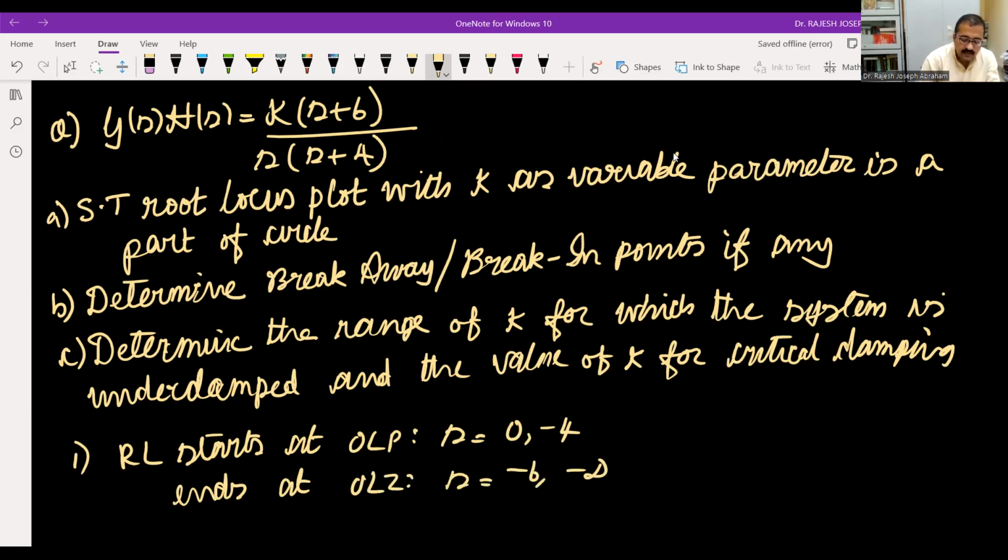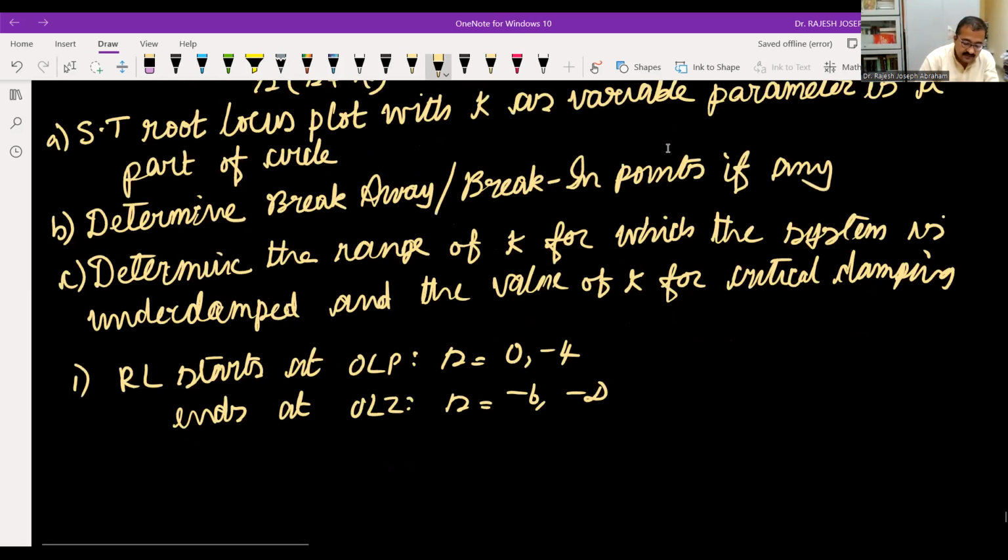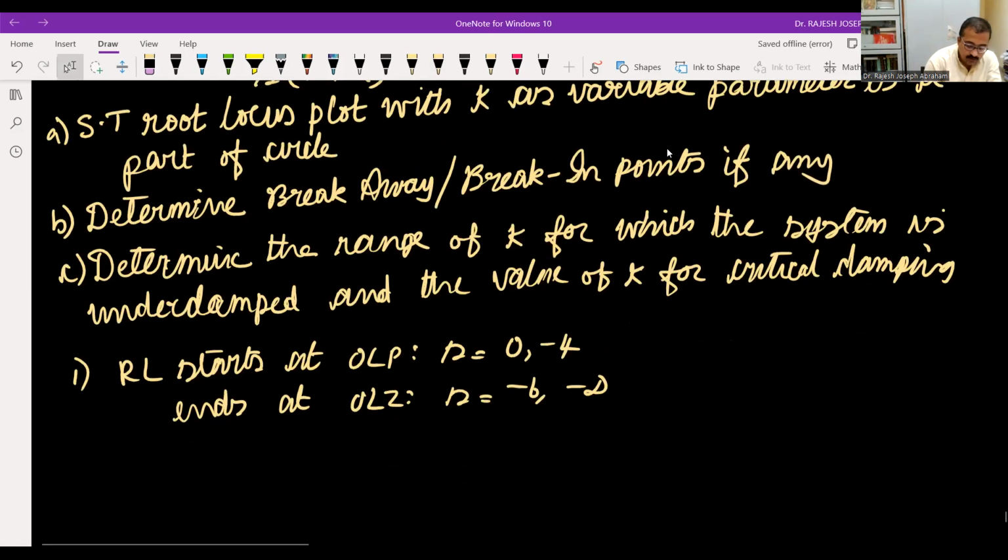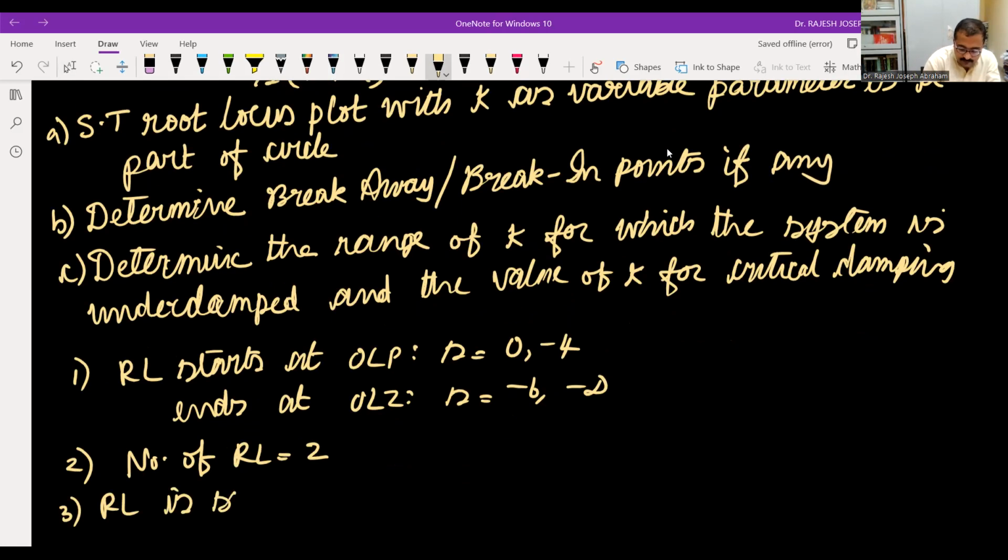Minus 6 and minus infinity. Then the number of root loci is given by the number of open loop poles, which is 2. Third step, root locus is symmetrical about the real axis.